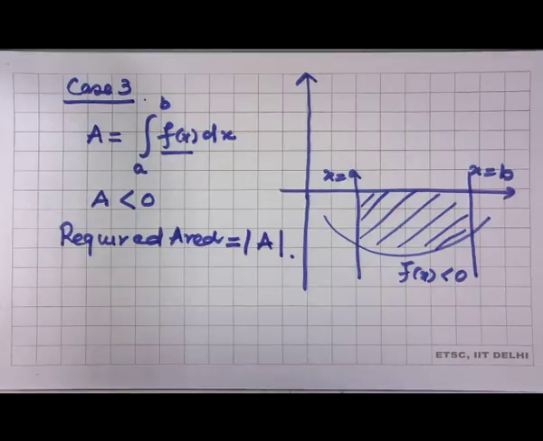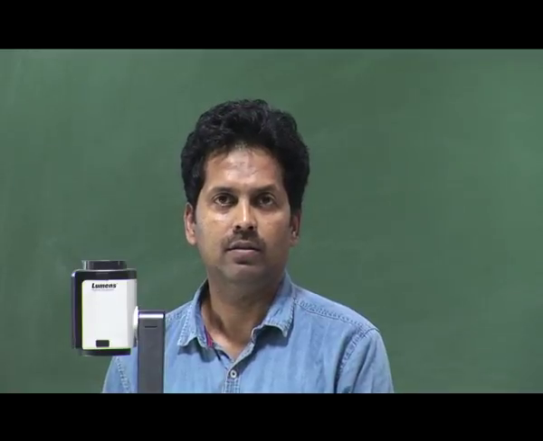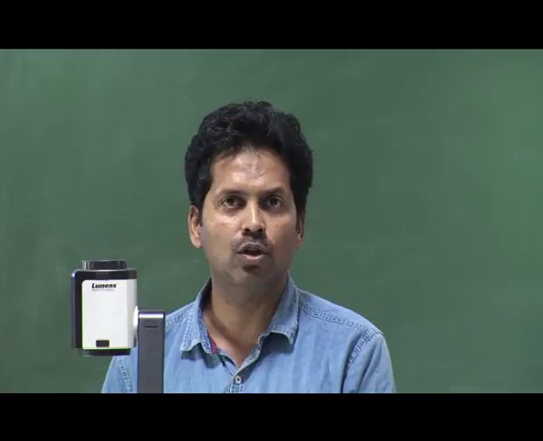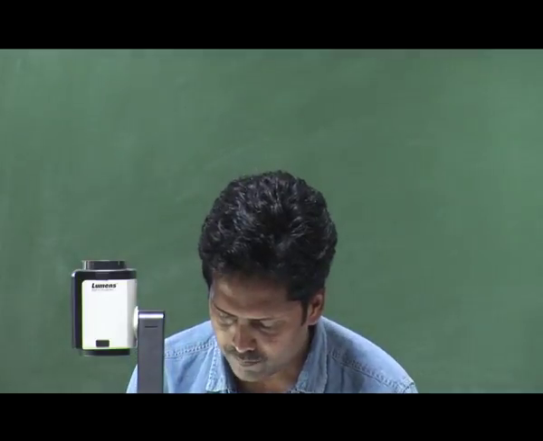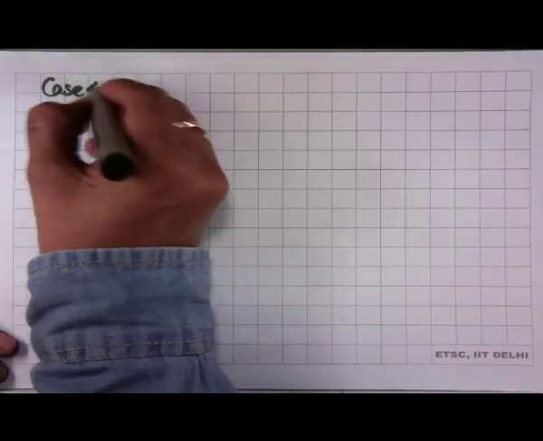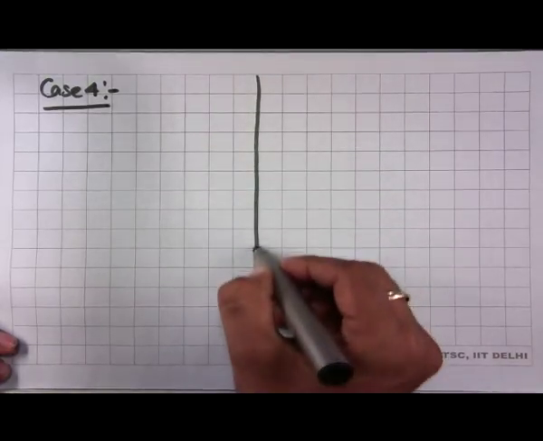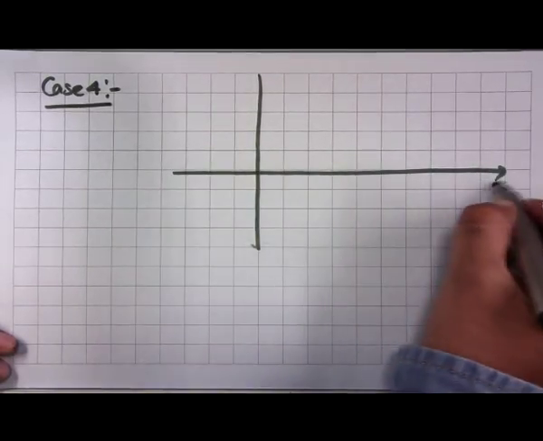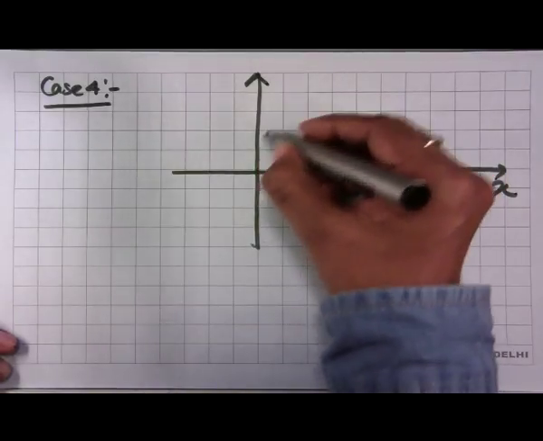Now let us take another case where the function is not throughout negative or not throughout positive, that means it changes its sign. Then what will happen? So let us take case 4, where you have a function, this is your y axis, this is your x axis, and you have a function which is changing its sign.